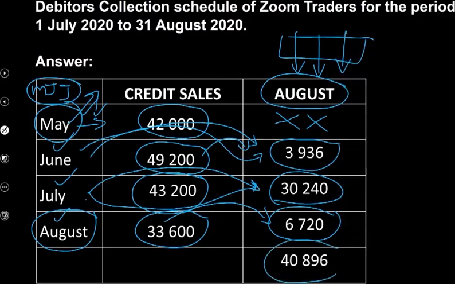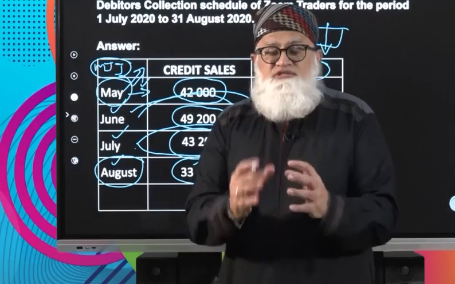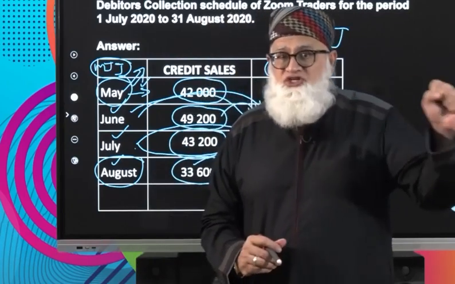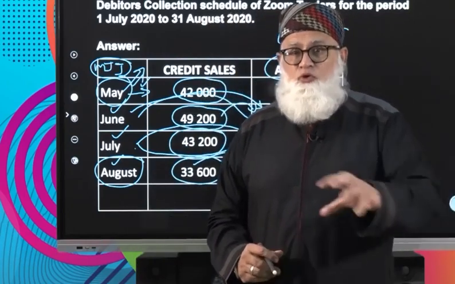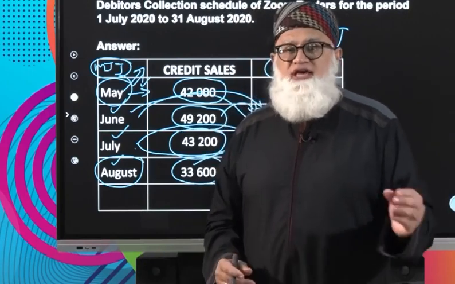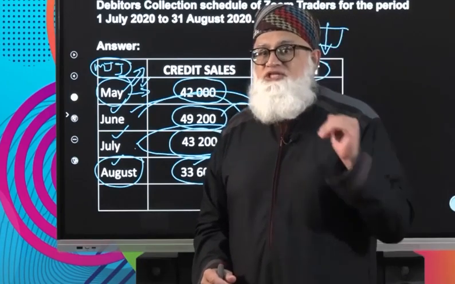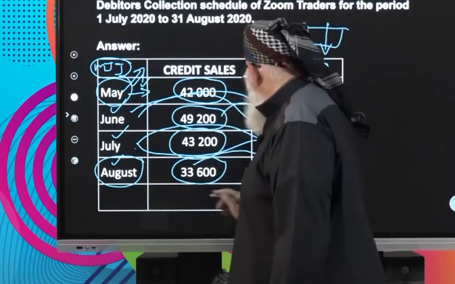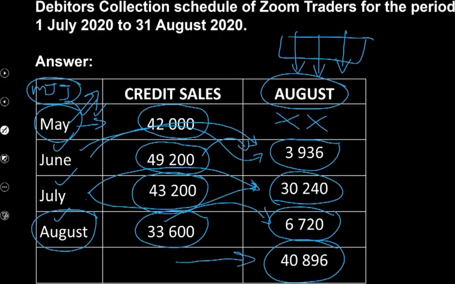As you can see, there's your 40,896. Now remember, this 40,896 will fit into your cash budget. It will be a component of your cash budget where you will say receipts from debtors, and that will then give you the figure that you require of 40,896 Rand.